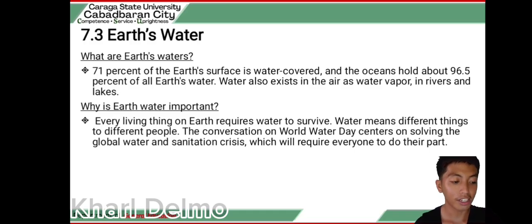emphasizes that water is essential for all forms of life, making it a universal necessity. However, the meaning and value of water vary depending on individual needs and context, ranging from personal consumption and agriculture to industrial and cultural uses.